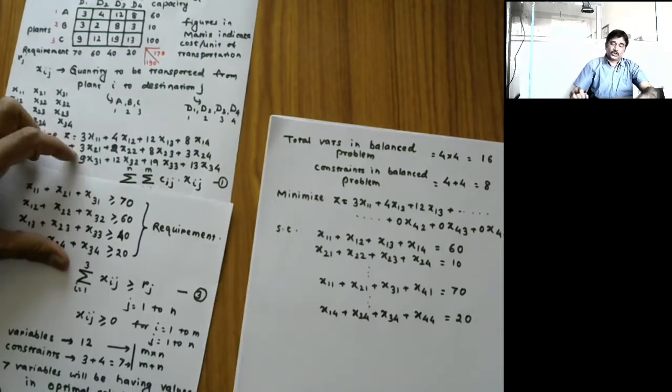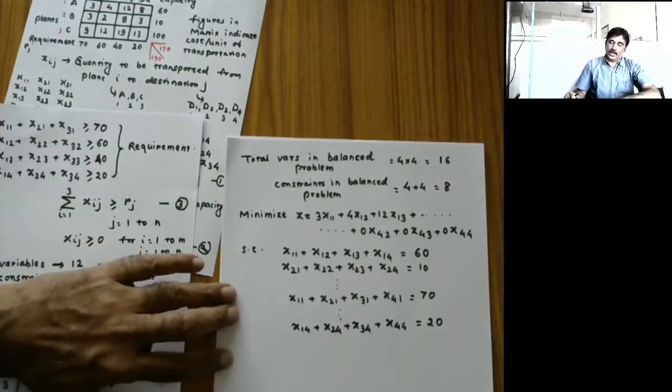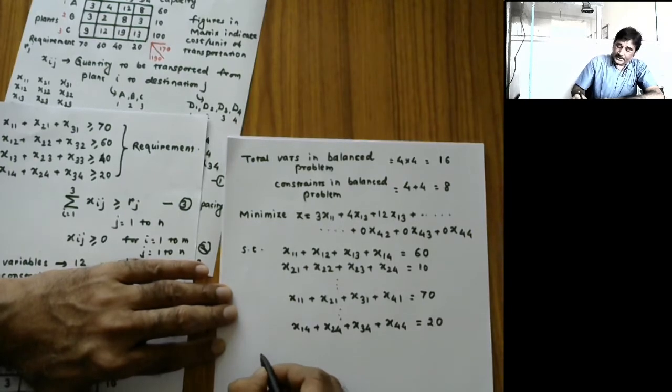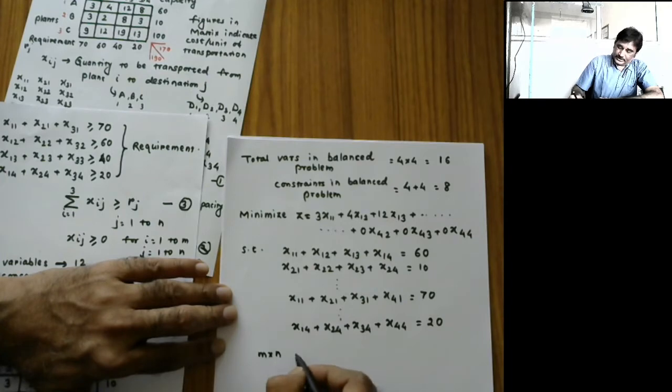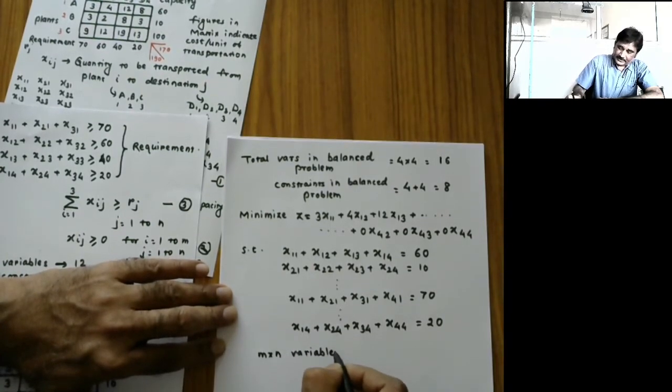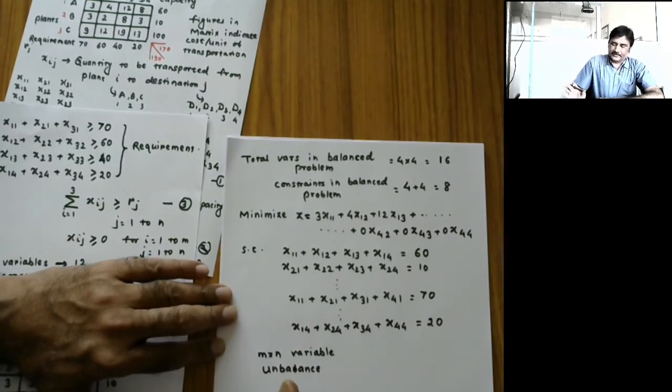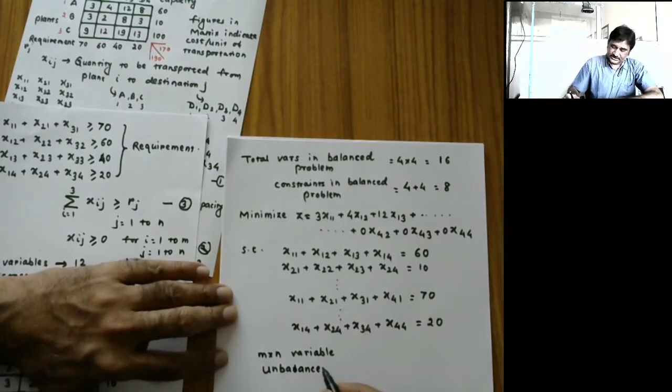Suppose you have on one side m into n variables, an unbalanced problem. Unbalanced means wherein the capacity and requirements are not balanced.